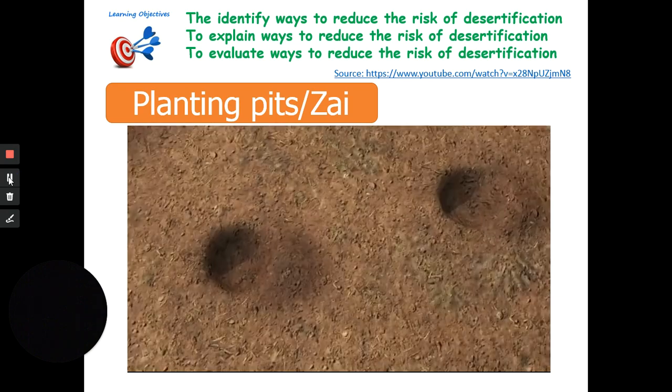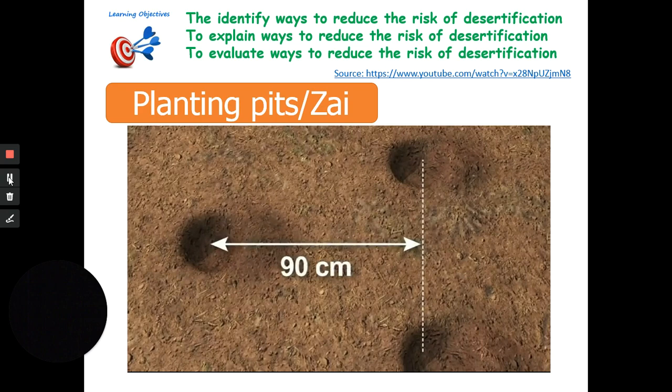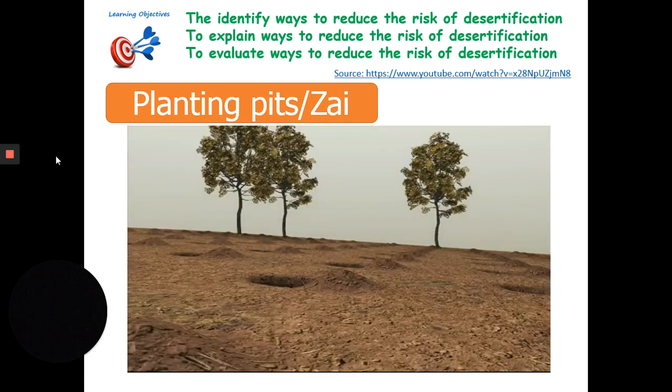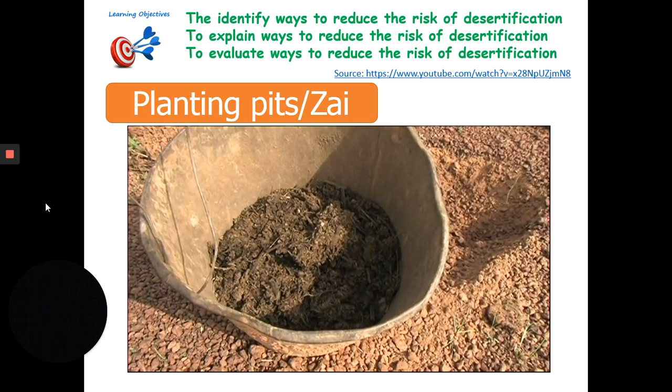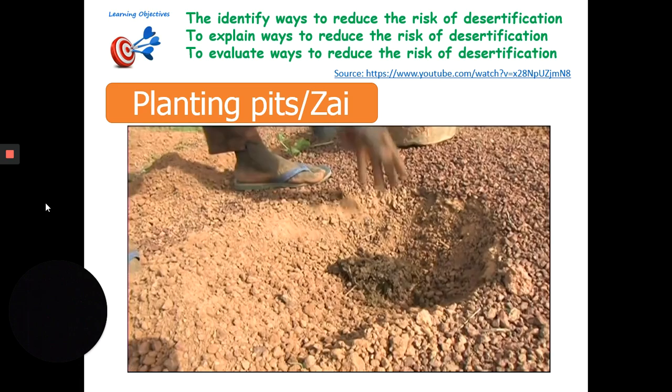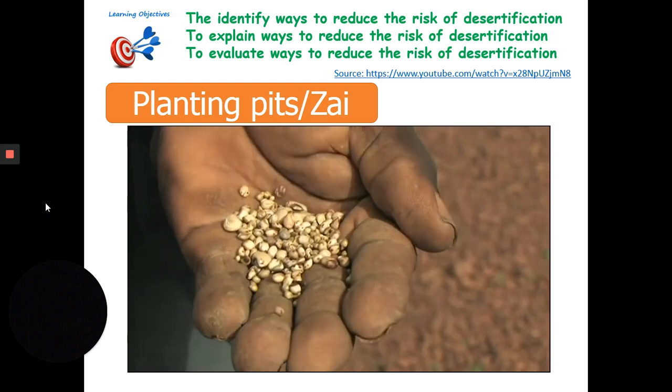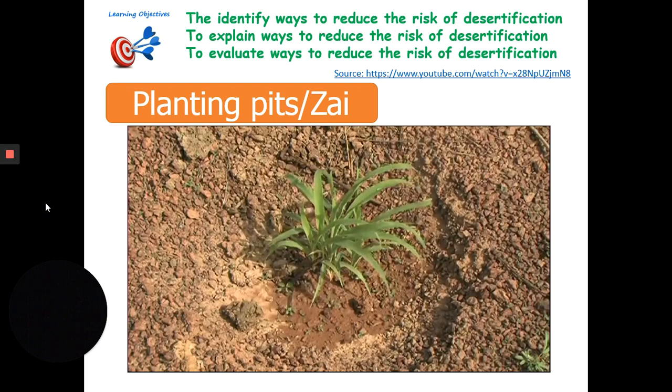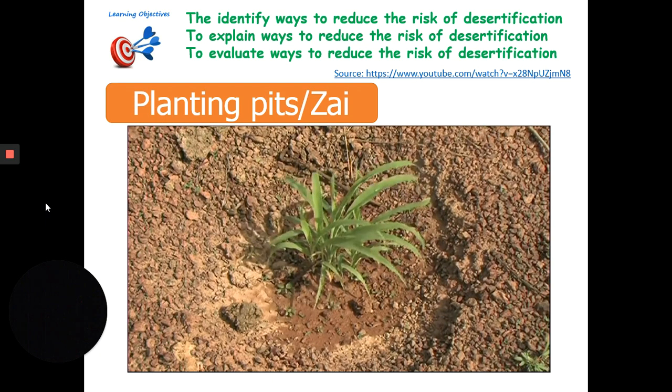Excavated soil is placed downslope of the hole. Composted manure is precision placed in the zai before millet or sorghum is sown. So when it rains, both moisture and fertility are concentrated exactly where they are required.